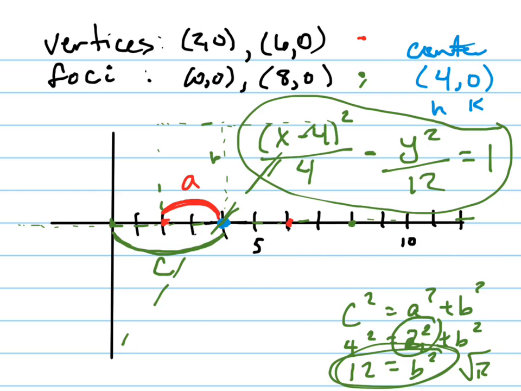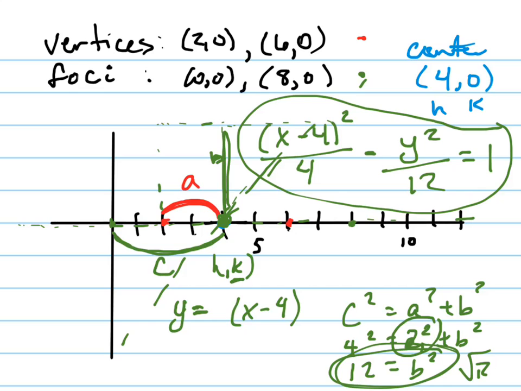So this is B, and the point right here, H comma K, is your center. So you remember this formula: Y minus K, which is 0, equals the slope times (X minus H). And what's the slope?